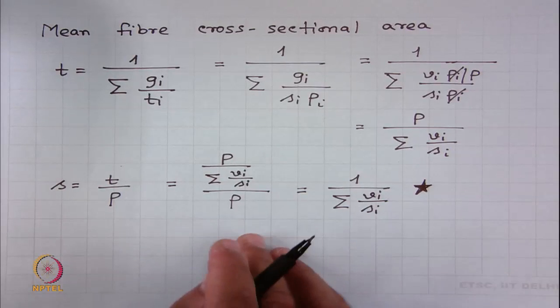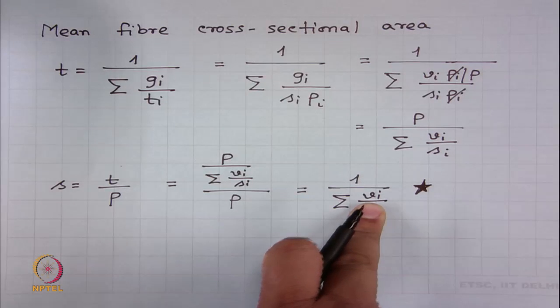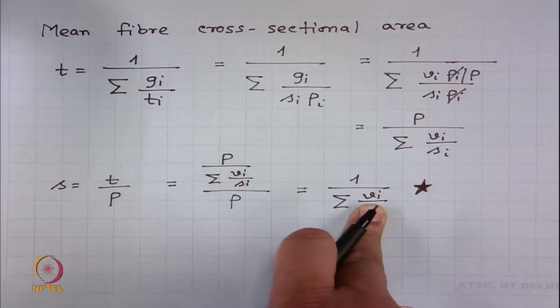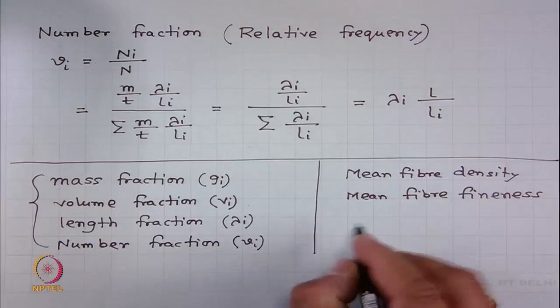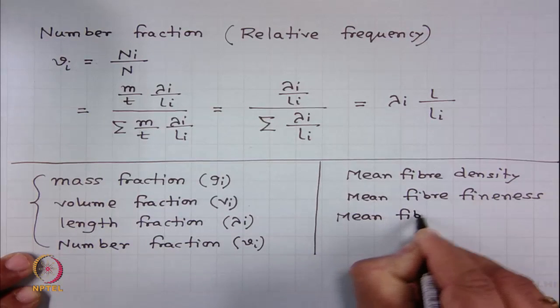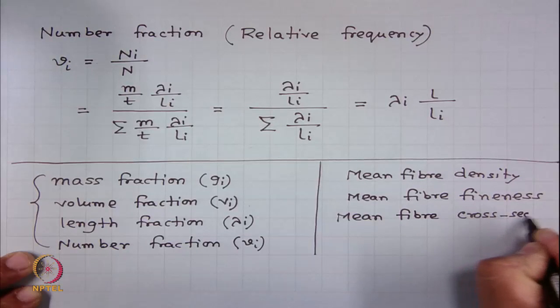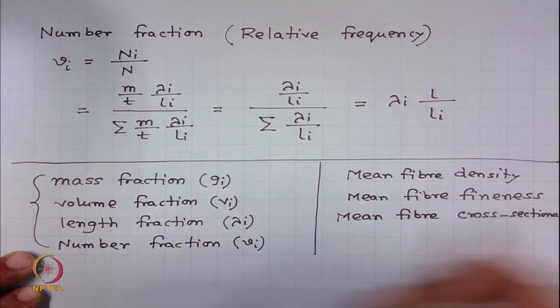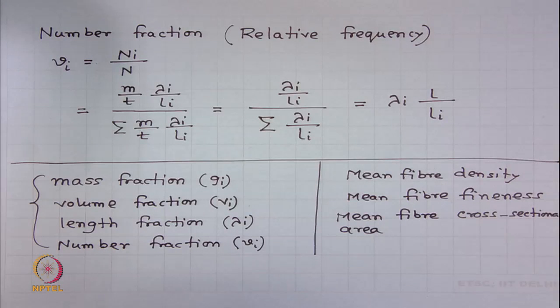The difference is here it is volume fraction, not mass fraction. So, mean fiber cross sectional area was the third characteristic of the blend we obtained.